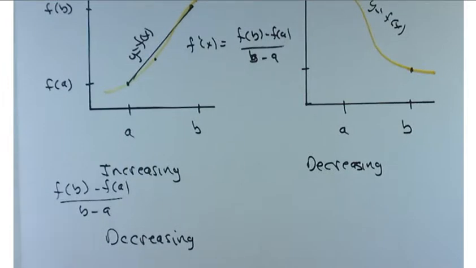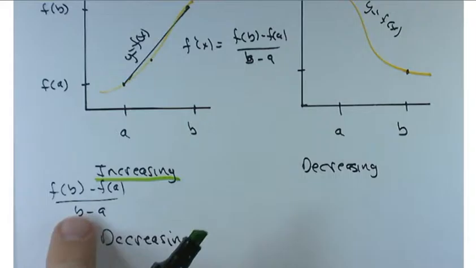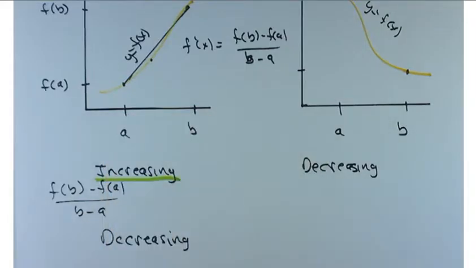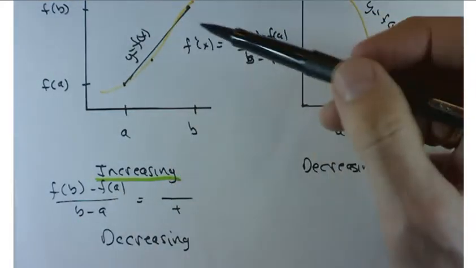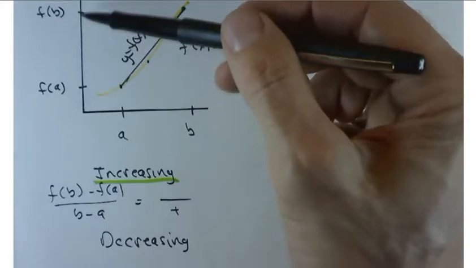Now, in the case of an increasing function like we have here, since b is to the right of a, b minus a always has to be positive. What about f of b minus f of a? What's the sign of that going to be when I subtract these two?